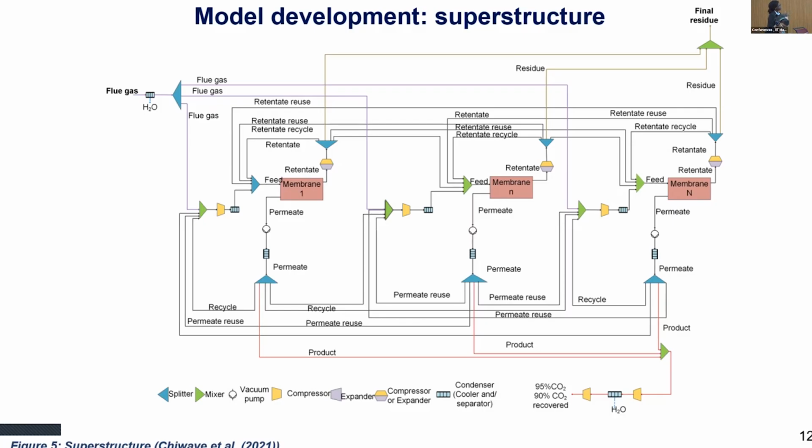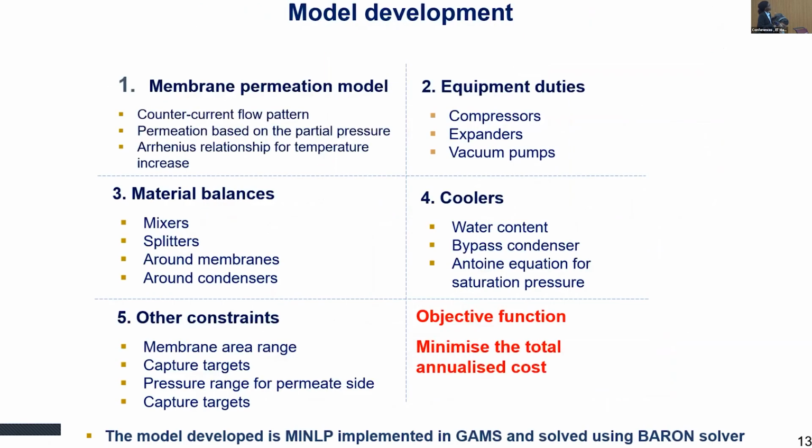Some assumptions made for the model are negligible pressure drop along the membrane profile. The model was developed by assuming a counter-current flow pattern. Then permeation of the CO2 was varying with the CO2 partial pressure across the membrane.